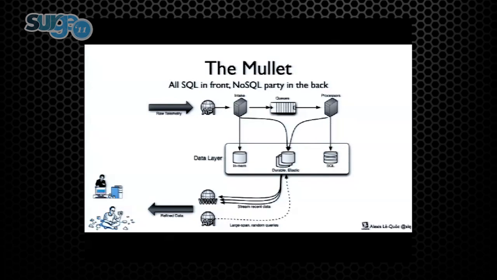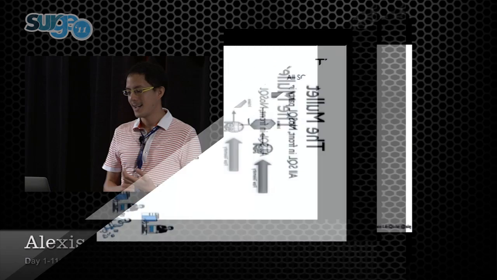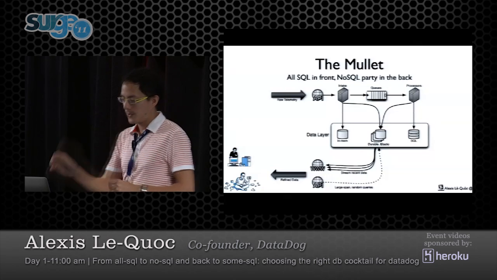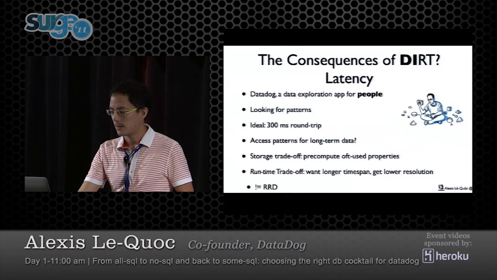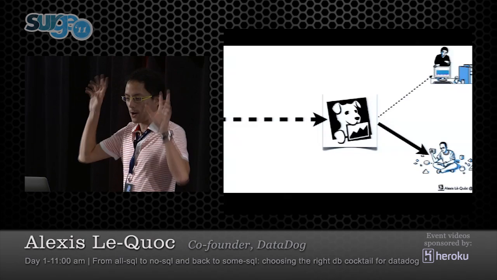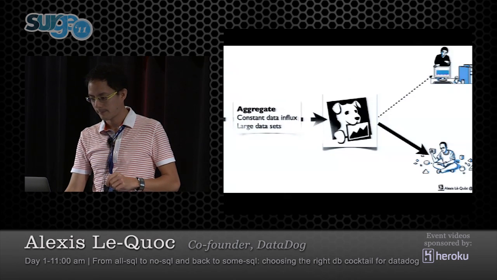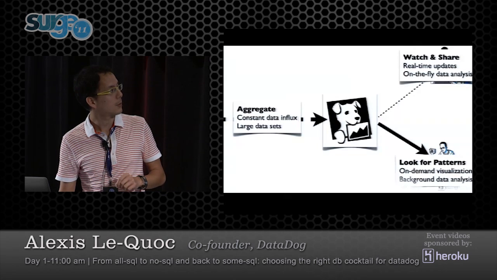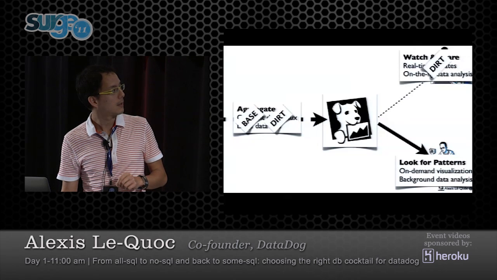It's all SQL in front, NoSQL in the back. That's not how we started, actually. If you remember, let me just go back to this. Okay, so the mullet is the dog in the middle. Oh, is it moving? Oh, yeah. Sorry.